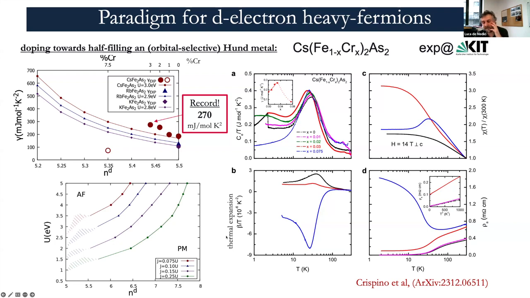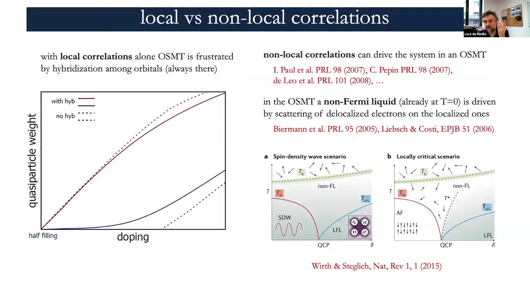I won't really enter into the details. This is the result of the work of Matteo Crispino. But in general, we think that this goes even more into the general idea of exploring heavy fermionic physics with this Hund's physics. Because if you take a Hund's metal, which is orbitally differentiated, and you dope it towards half filling, so you extremize both the Hund's physics and the orbital differentiation, still the heaviest electrons don't have the real possibility of doing an orbital selective Mott transition because you have hoppings between the different orbitals.